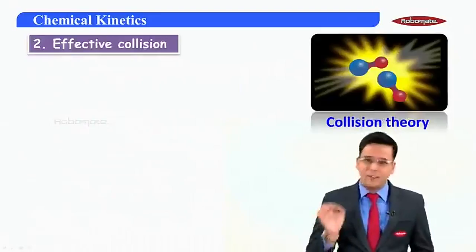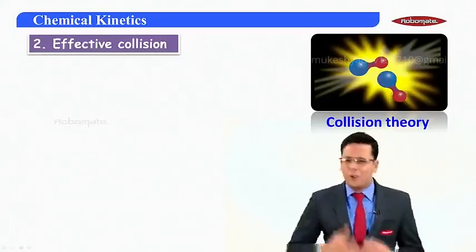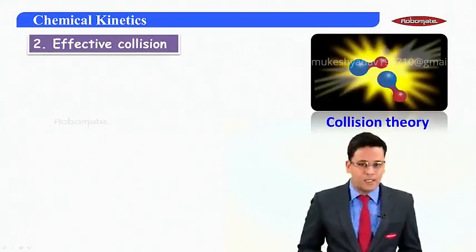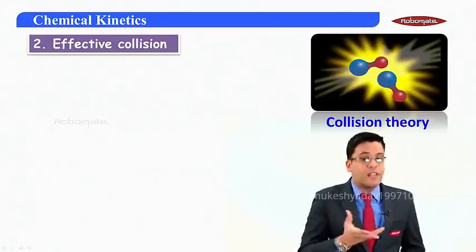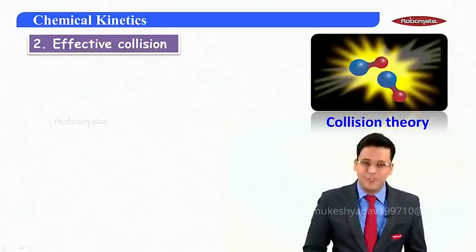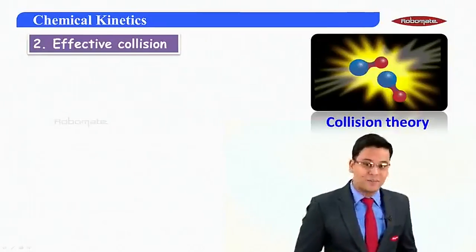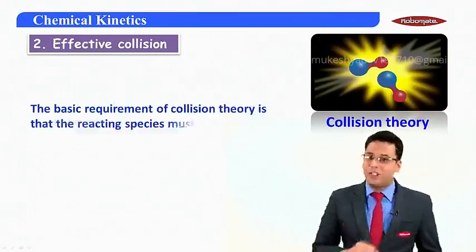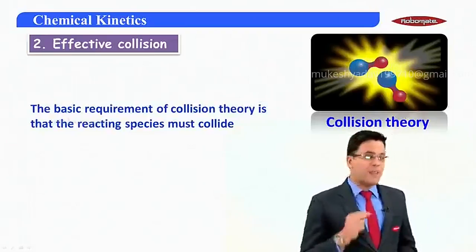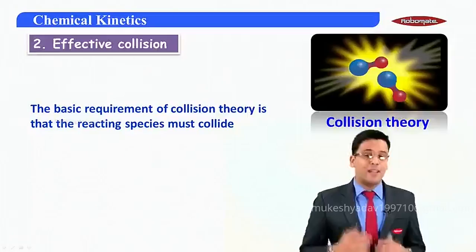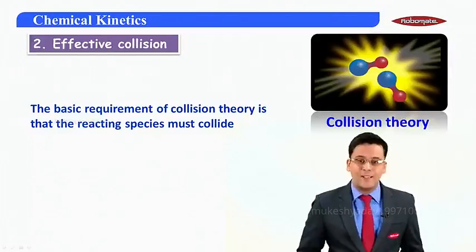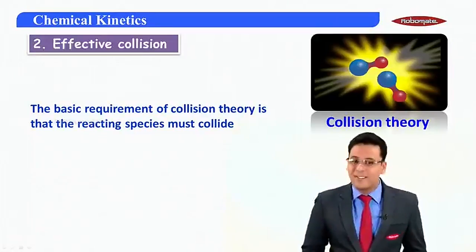So let's take this factor, effective collision. What is an effective collision? Whenever the reactant molecules collide in such a way that it gives products, of course, the collision is effective. Now here, what you need to understand is that the basic requirement of the collision theory is that the reacting species must collide, and that is when you get a product.